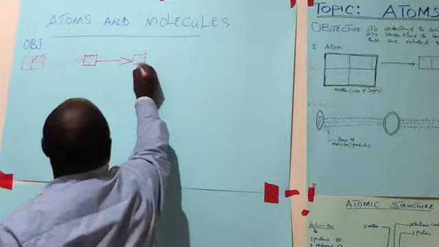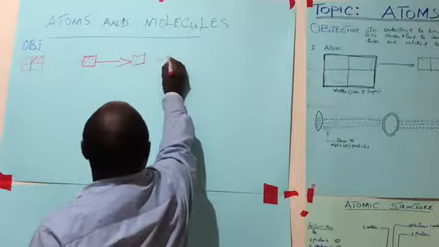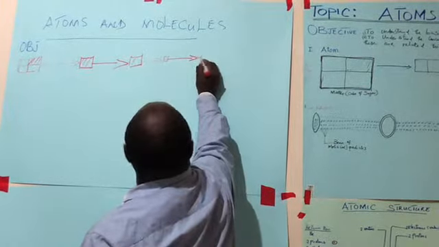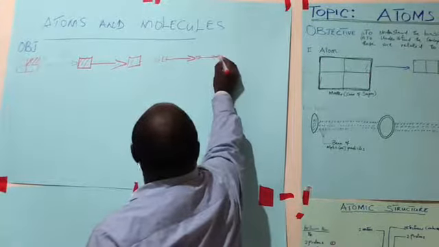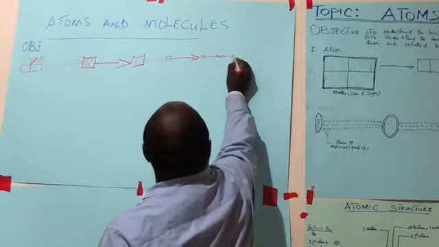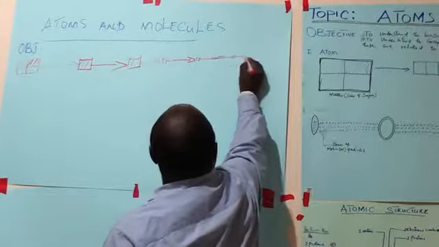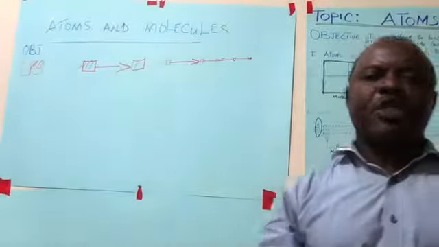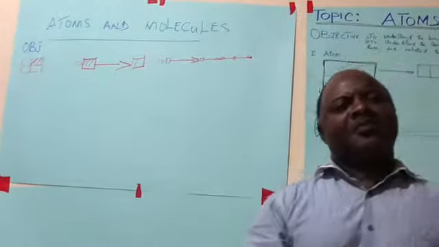When we divide it again, it goes to another smaller one, until it gets to a substance that can no longer be divided.